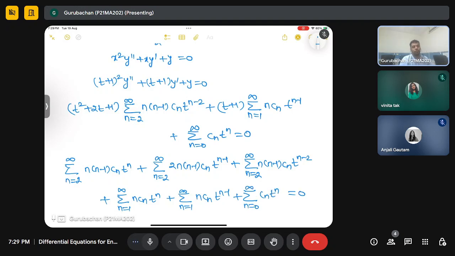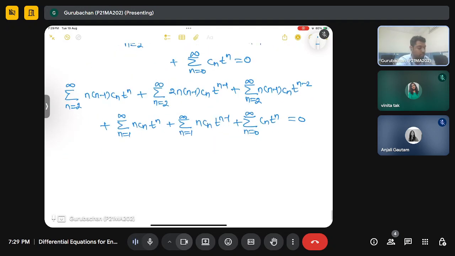Now observe from here that the powers are different. So we make the powers the same as usual. The first expression will stay the same since it has power t to the power n, while in the second expression we will put n plus 1 in the place of n. This will start from n=1 to infinity, (n plus 1) n c_(n plus 1) t to the power n.